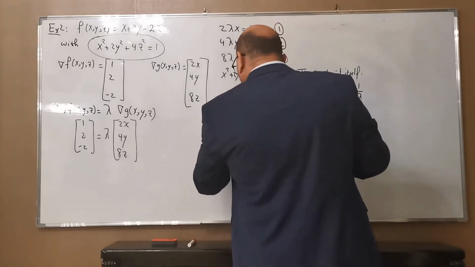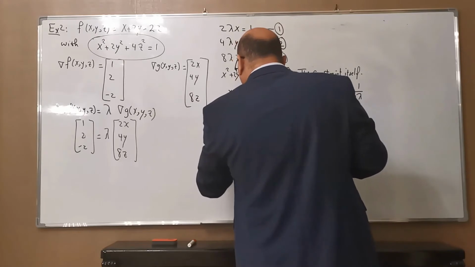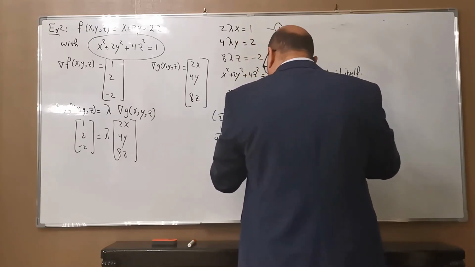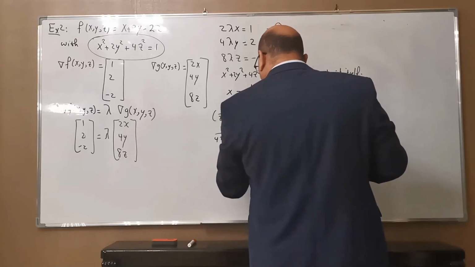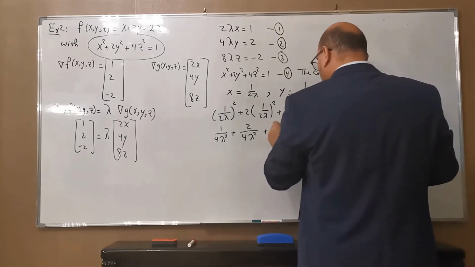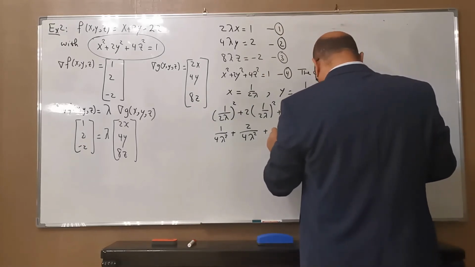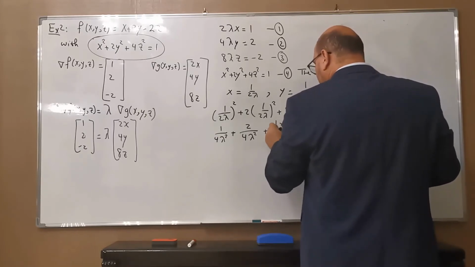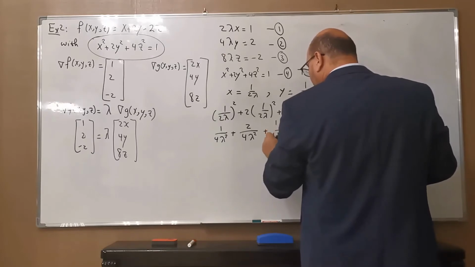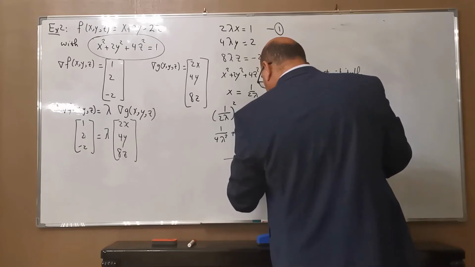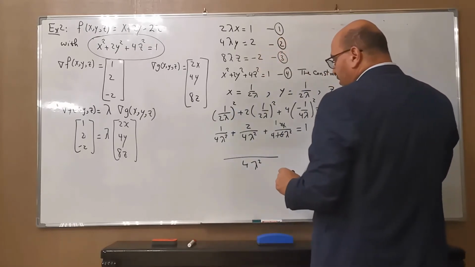So you have 1 over 4 lambda squared plus 2 over 4 lambda squared plus 4 over 16 lambda squared equals 1. We end up with 4 lambda squared as a common denominator.